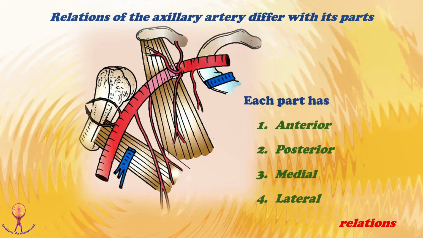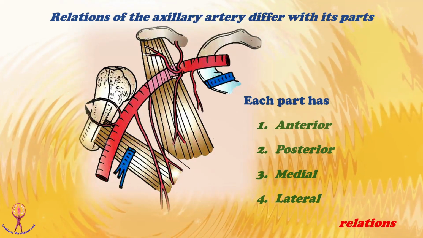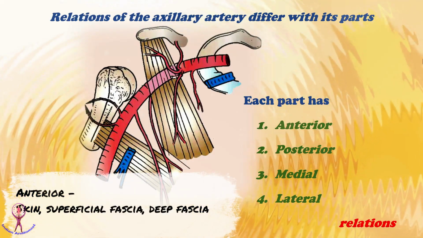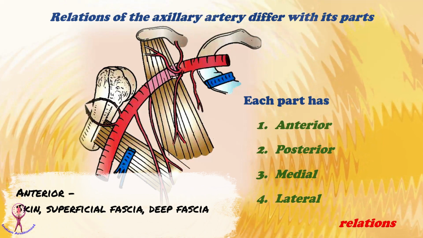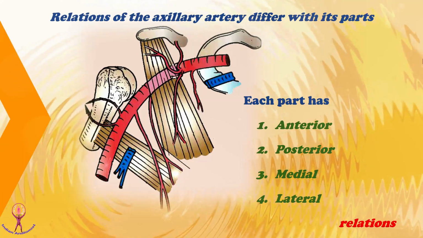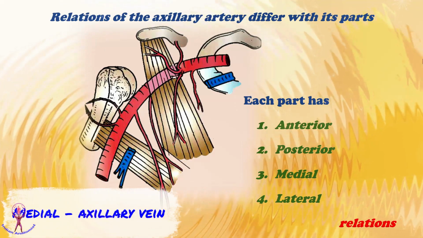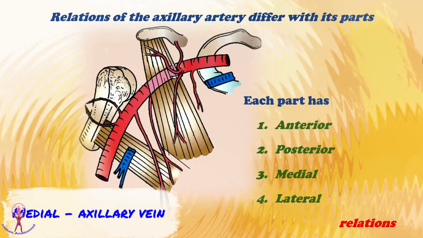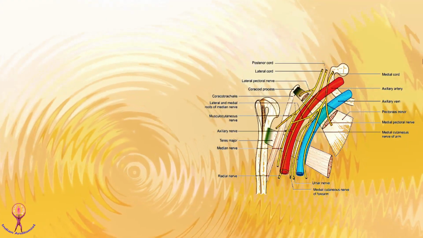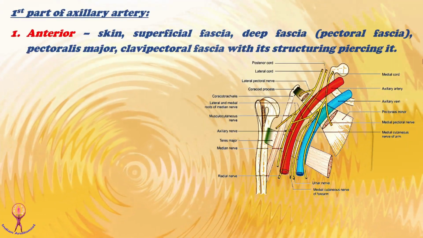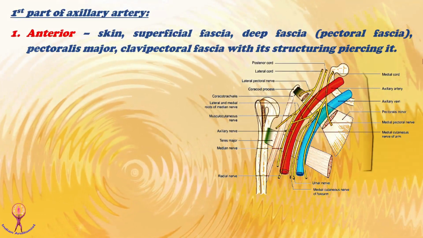If you cannot recall the relationships, just write down that the skin, superficial fascia, and deep fascia make up the anterior relations. In the same way, the axillary vein is always the medial relation for all parts of the axillary artery. Now, we will look at the relationships of each part of the axillary artery.